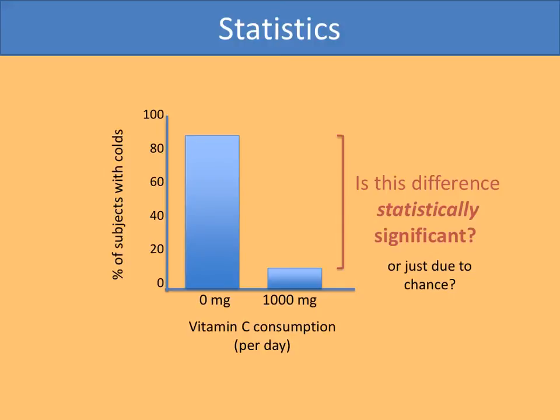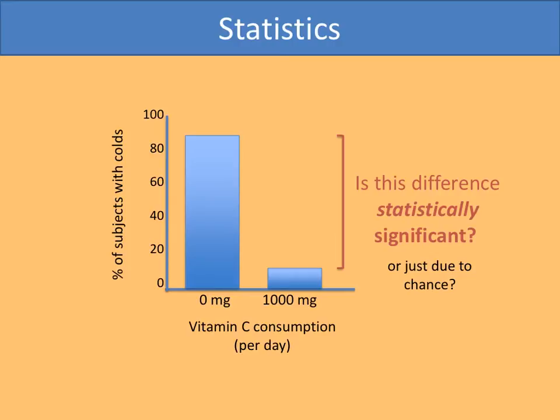Okay. I went over this a little bit earlier, but let's do it again. So here's our vitamin C consumption. You had individuals who ended up with, let's say, almost 90% colds.